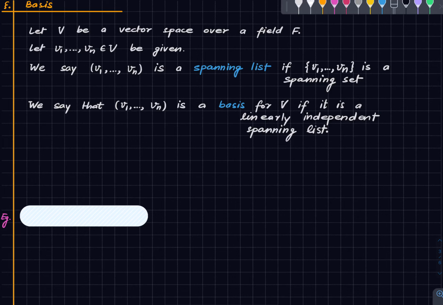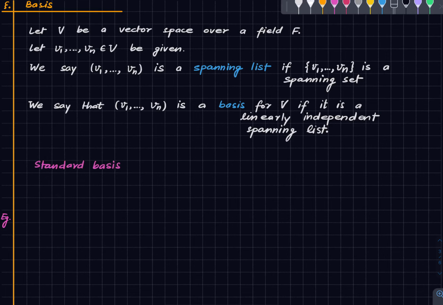Okay, so let's see some examples of bases. So we will look at the standard basis. Let F be a field and n be a positive integer.